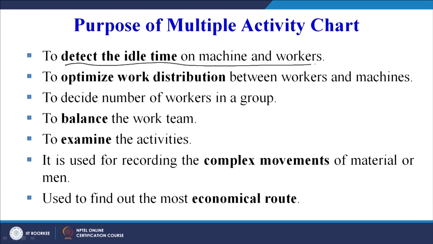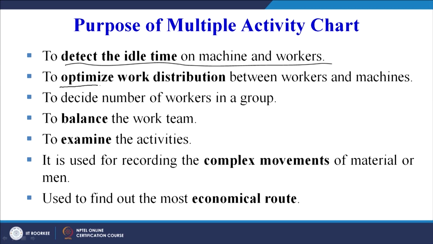Now this we have already seen just briefly, that why do we need to draw the multiple activity charts. So this gives you an idea in a very systematic manner. So we are able to detect the idle time of machine and the workers. As I have already given an example, an operator is making a hole or drilling a hole on a drilling machine. So we can very easily calculate how much percentage of total time he is working and how much is the idle time for the worker, and how that idle time can be utilized.